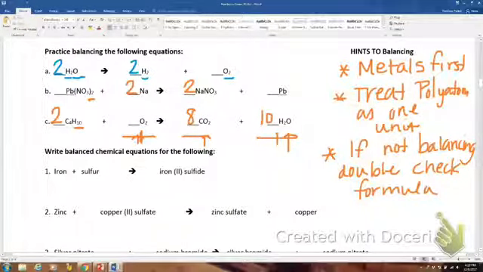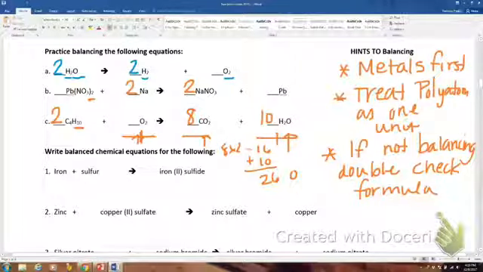And then if I count up my total oxygen, I have 8 times 2 is 16 plus the 10 right here, so I would have a total of 26 oxygen. And so I would need to put a 13 right here. So don't be afraid of the big numbers in front of oxygen. That would be balanced now.